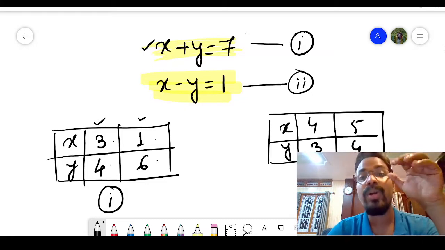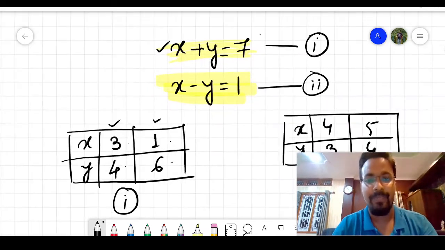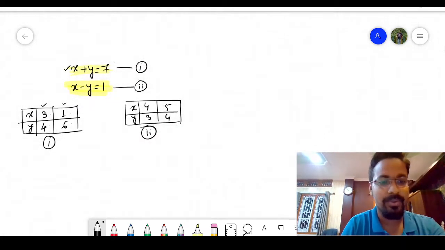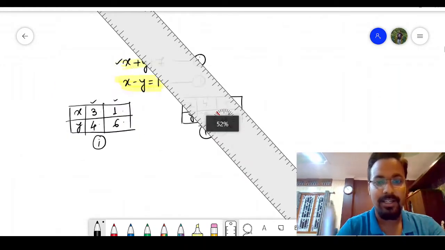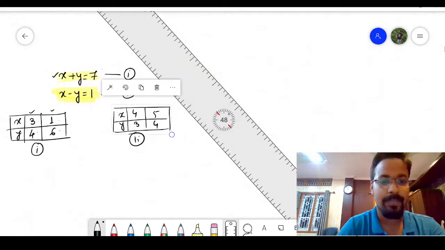Now we want to express them in a graph, right? So what we are going to do is draw a graph. Let's take out our scale, and we will be drawing our graph here.